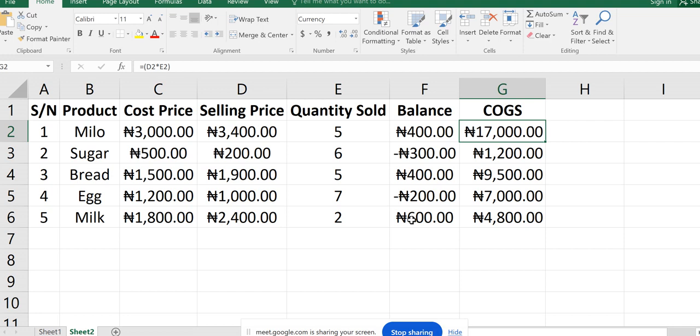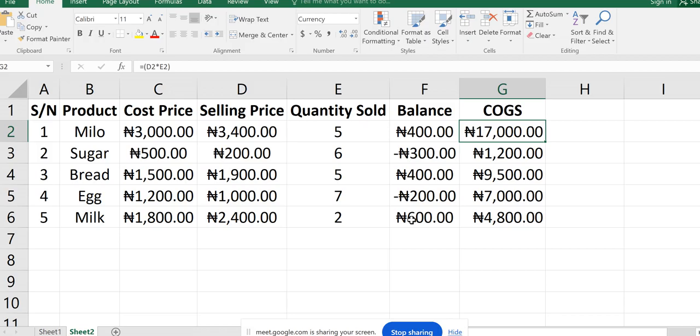What do you understand by cost of goods sold? Anybody? Cost of goods sold is the cost of the goods that was sold, or that you sell.